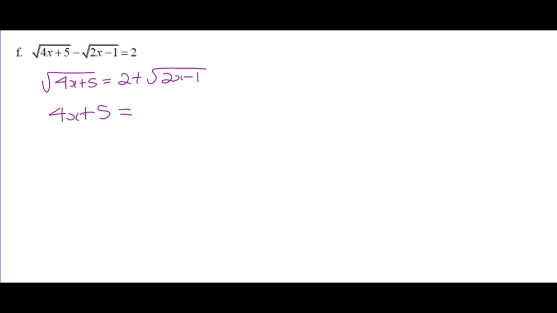But I'll pause. All right, I'm squaring a binomial, right? So it's going to be the first term squared plus this times this doubled, so 2 times that, so 4 root 2x minus 1, plus the square of the last term, plus 2x minus 1. Okay, that's the square of the right-hand side.